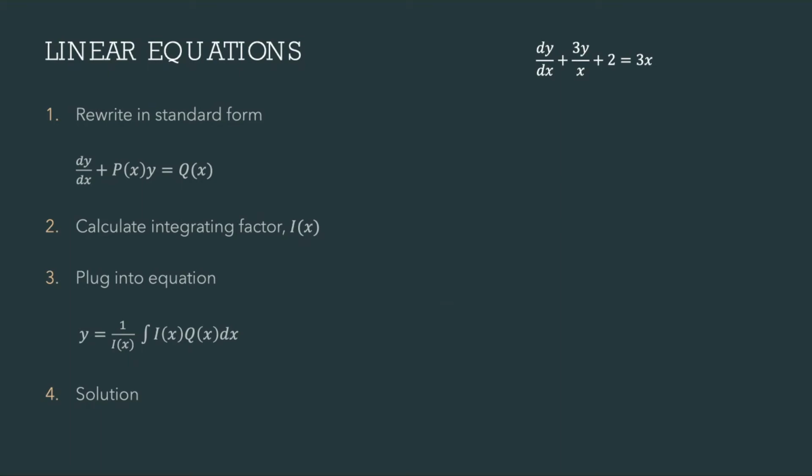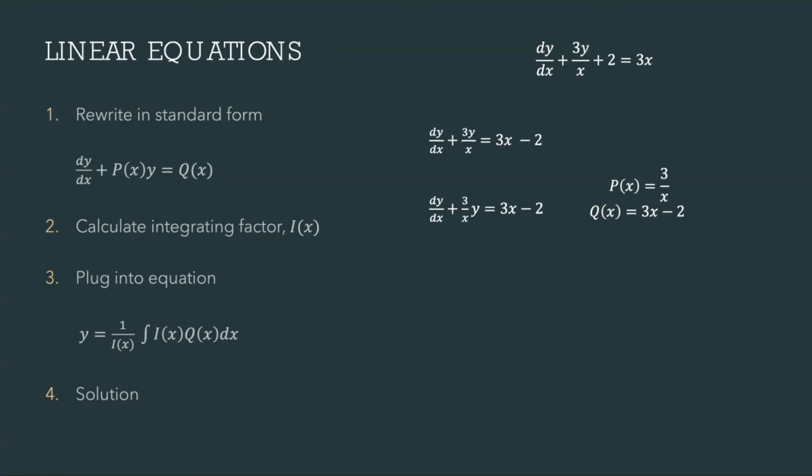So what I did was I subtracted the 2 on both sides, so the result is dy over dx plus 3y over x is equal to 3x minus 2. Now to make it easier to pick out p of x and q of x, I've rewritten it as dy over dx plus 3 over x times y is equal to 3x minus 2. From there, we can easily pick out that p of x is equal to 3 over x, and q of x is equal to 3x minus 2.